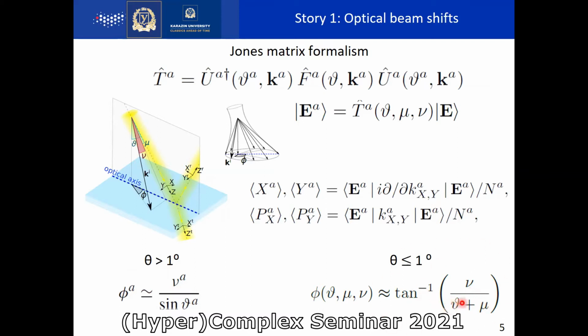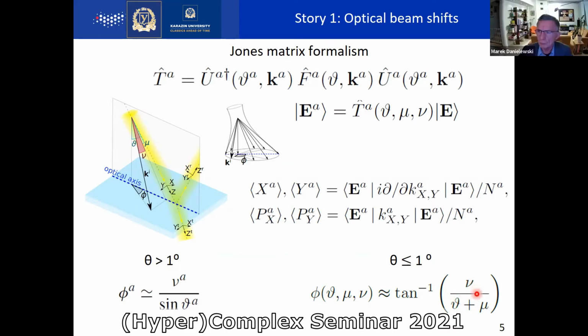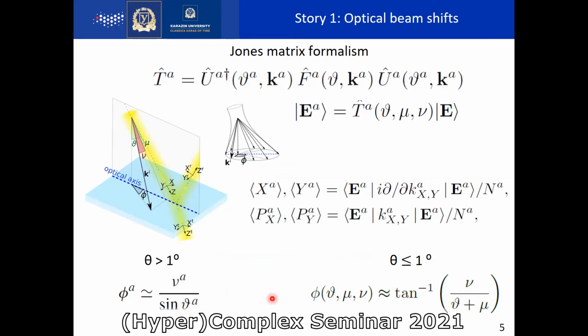Here theta is the angle of incidence, mu and nu are the out-of-plane and in-plane deflections of the particular wave. And usually, for instance, they are much smaller than the angle of incidence. So if we put theta much bigger than mu, we will come to this formula.